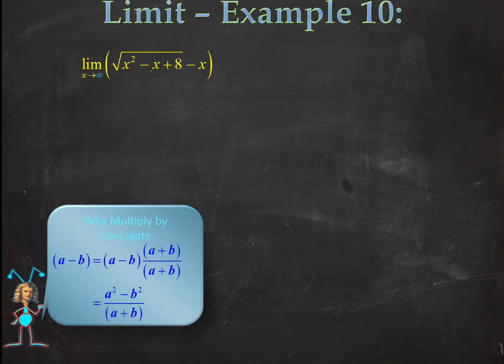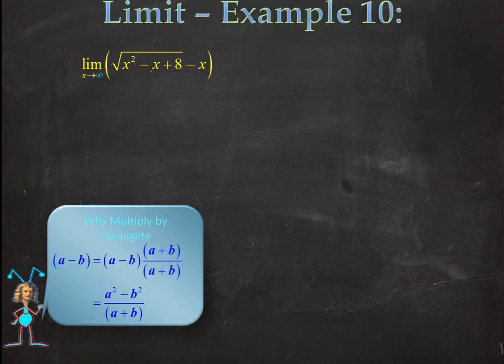Because we see square roots minus a variable, that was a hint that maybe multiplying by the conjugate was the tool of choice. And it does two things for us here. Number one, it will get rid of the square roots in the numerator, but it will give us a denominator. And that's what we want when dealing with infinities.